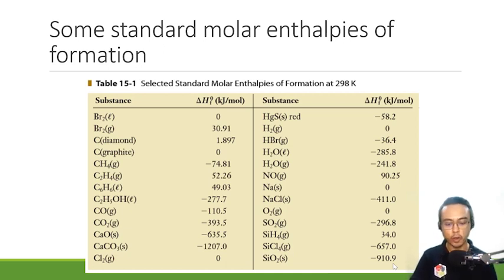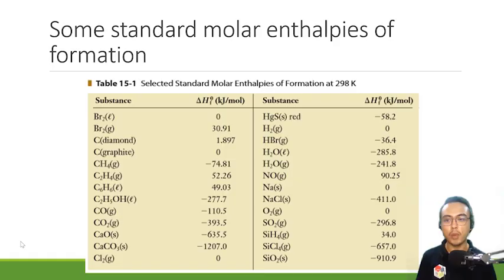And finally, for water liquid, if you take a look at the entries for water, you have a liquid and a gas. That's why it's very important for you to determine the exact phase of water because the values are different for liquid and gas. In this example, we need the value for the liquid, so that is negative 285.8.